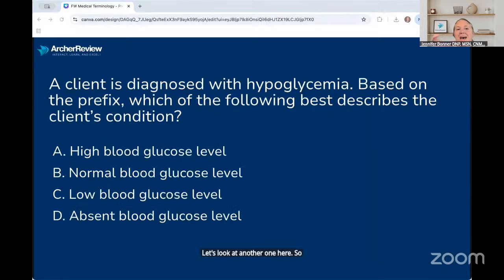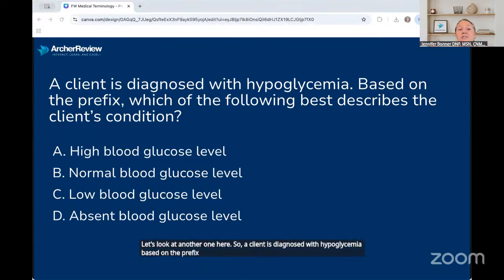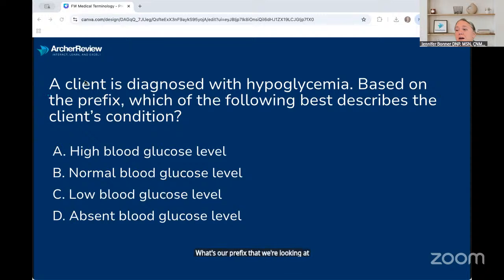Let's look at another one here. A client is diagnosed with hypoglycemia. Based on the prefix, which of the following best describes the client's condition? What is our prefix here? Hypoglycemia. Is that high blood glucose, normal, low, or absent?